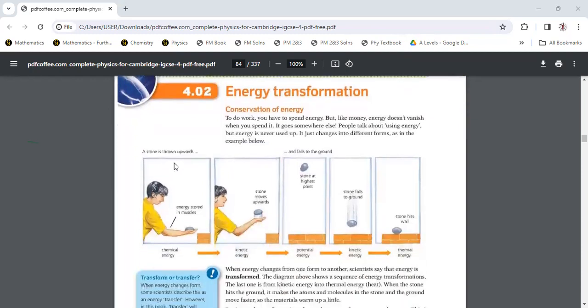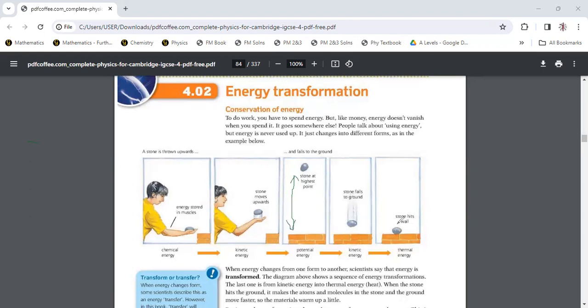Let's go ahead to energy, conservation of energy. For example, you have a rock, you throw it upwards. When it's moving, there's kinetic energy. Then, once it's at its highest point, it doesn't have any speed anymore, so it's stationary for a very short while. So it has some gravitational potential energy here.